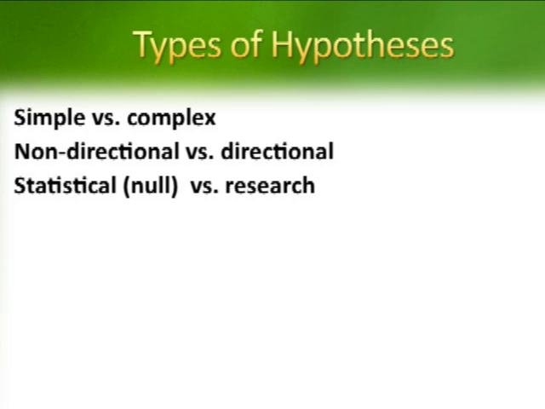A complex hypothesis predicts the relationship among three or more variables, such as smoking, genetics, and pollution together are related to lung cancer. Complex hypotheses have the power to predict an outcome better than just simple hypotheses.